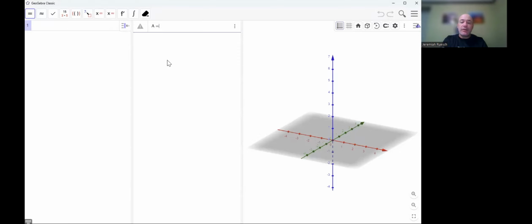Okay, so to create a matrix, you're going to use set notation, or these curly brackets. The first one indicates that it's going to be a set, and the second set will be for each row. So you're going to create a series of rows separated by a comma. For our example, we had 2, negative 3, 1, negative 4.